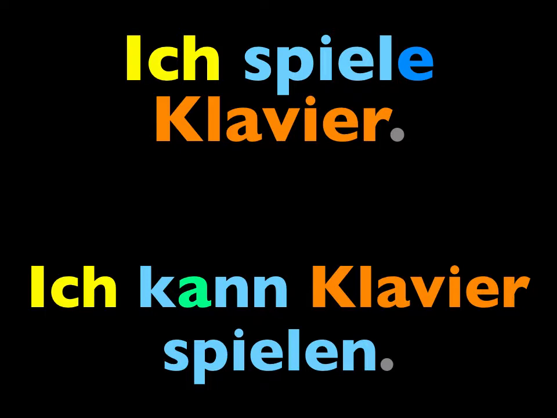Ich kann Klavier spielen. It must go at the end of the sentence or at the end of the clause. Ich kann Klavier spielen. You cannot say, for example, ich kann spielen Klavier, as we would in English. I can play piano. The play has to be at the end because of this helping verb, kann.